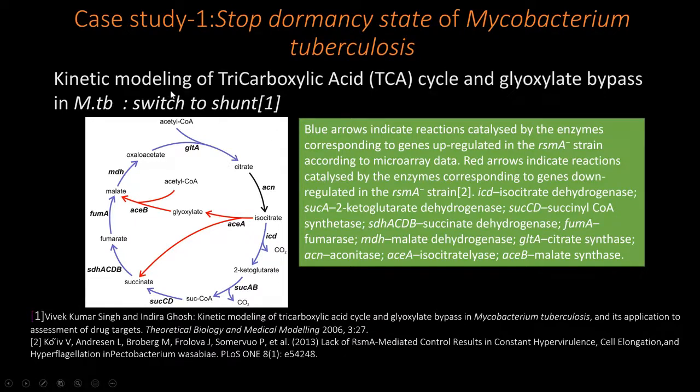The point is this is how glucose is broken down and goes to oxaloacetate. What the cell normally does is follow the main pathway, which is written in blue. E. coli also follows the same, and many other bacteria also follow the same. However, if the cell doesn't always get good food, what happens?